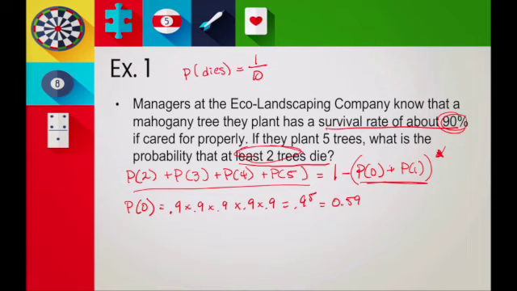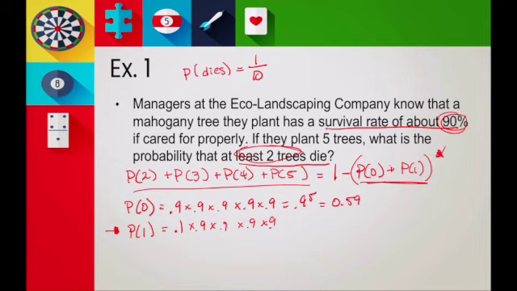Okay? Now, what's the probability that exactly 1 tree dies? So, exactly 1 tree dies, and 4 others don't die. You have a 0.1 probability that the first tree dies, and then a 0.9 probability for each of the other 4 trees.